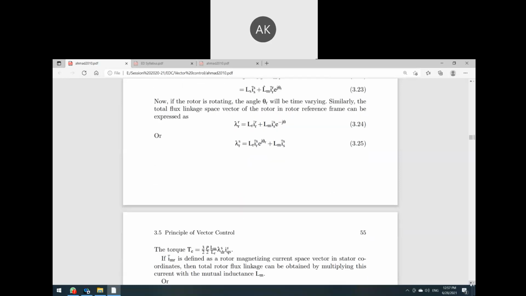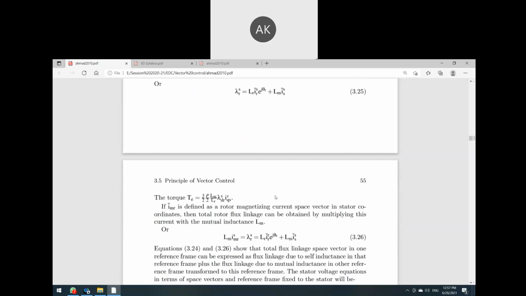The torque Te is equal to 3 by 2 into P by 2 into Lm by Lr into lambda dr s into IQs. From this equation, we can say that if we control the value of IQ, the torque may be controlled.